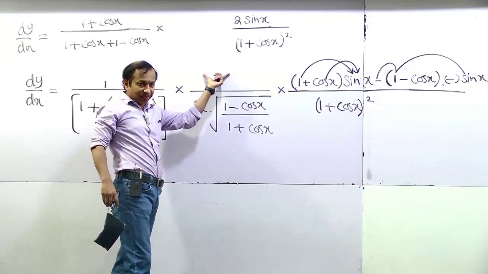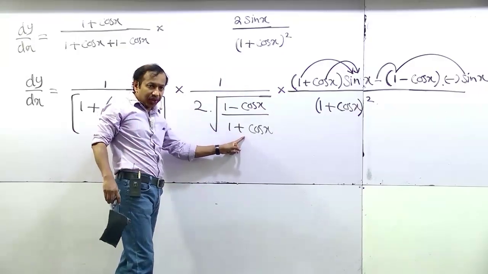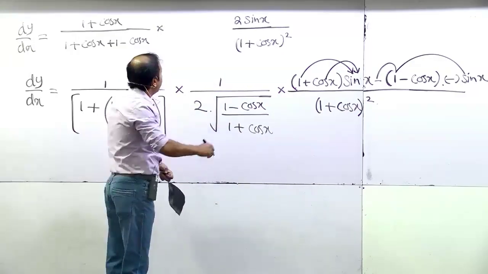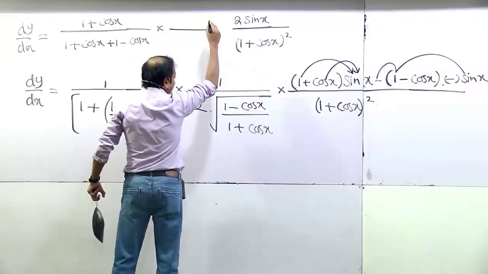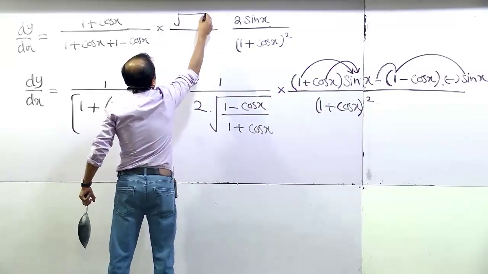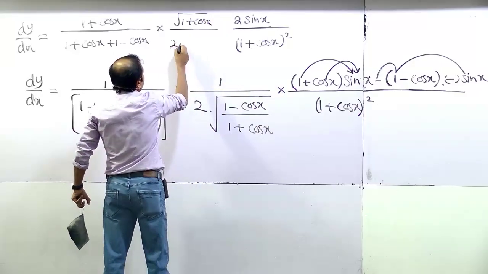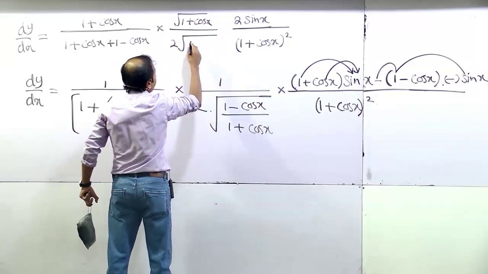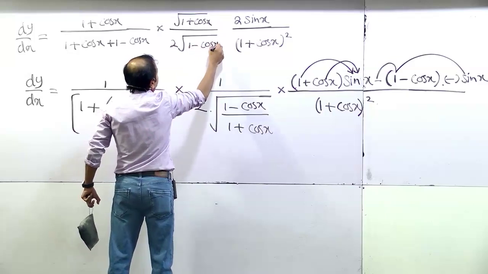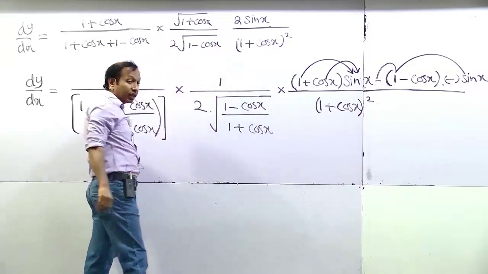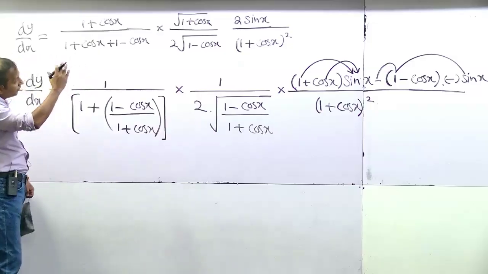What do you say? What is that? 1 plus cos 6 root I can write as the numerator. Yes, like this. Root 1 plus cos 6. And here 2 times root 1 minus cos 6. Is it clear there? Right. Then first write down that.